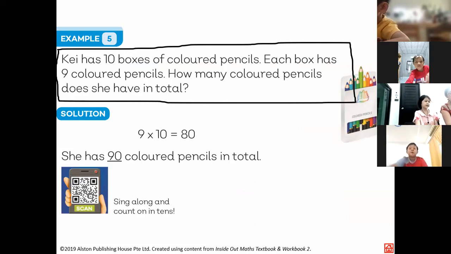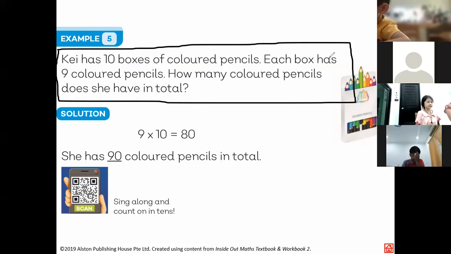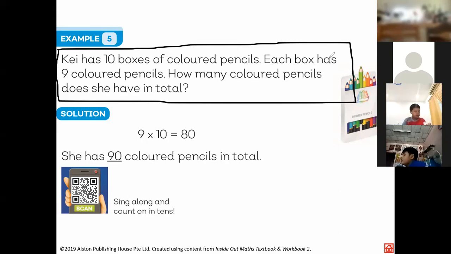Have 10 blocks of colored pencil. Each box has 9 colored pencils.